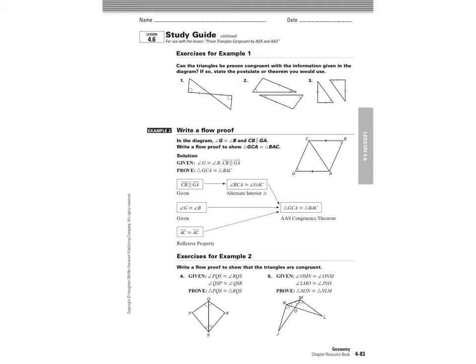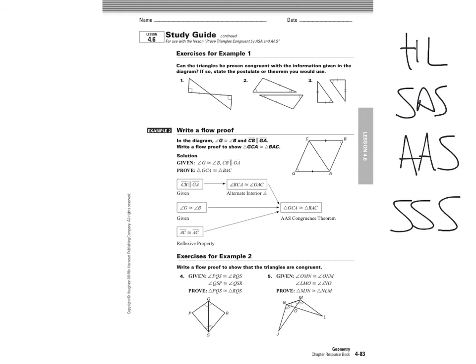Any questions for tomorrow's quiz? So again, on the quiz, up at the top, I'm going to state, questions 1 through 10. And it'll say the instructions. The answers are either going to be, and I'm going to list them, hypotenuse leg, side, angle, side, angle, side, side, side, side, and angle, side, angle.